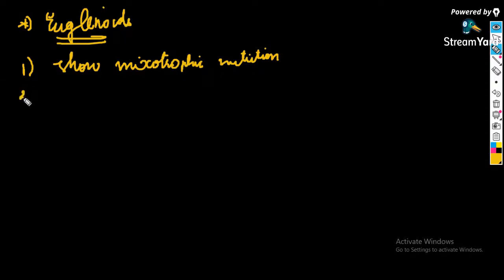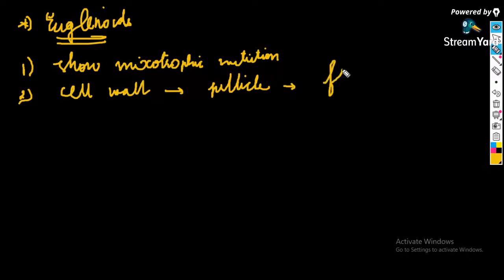Second point, the cell wall is made up of a component known as pellicle. Then you all will ask why it is made up of pellicle. In order to make them flexible, their cell wall is made up of pellicle.